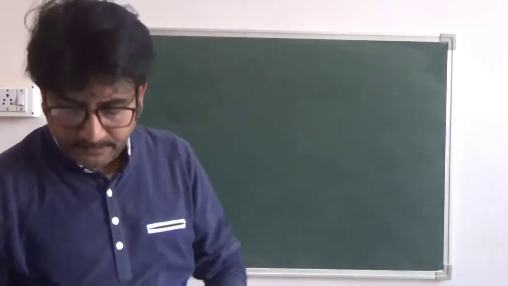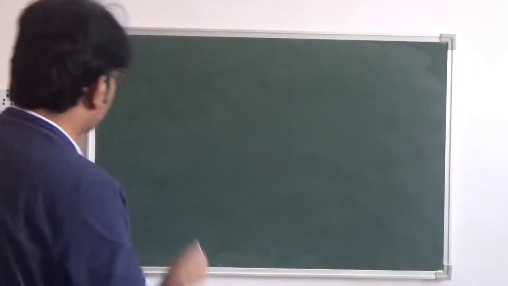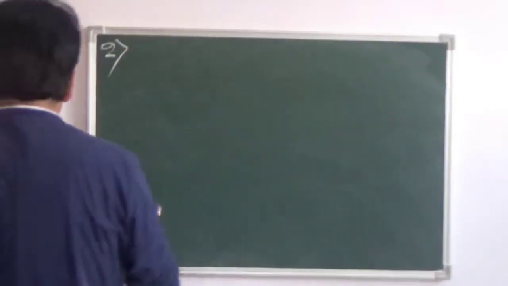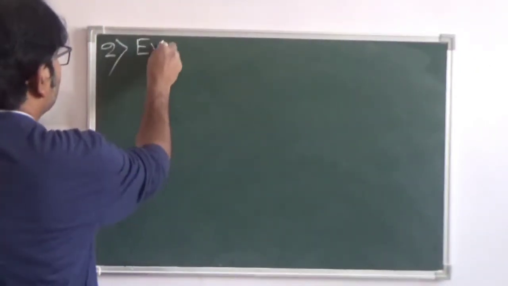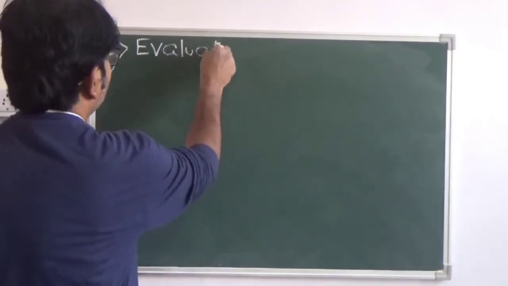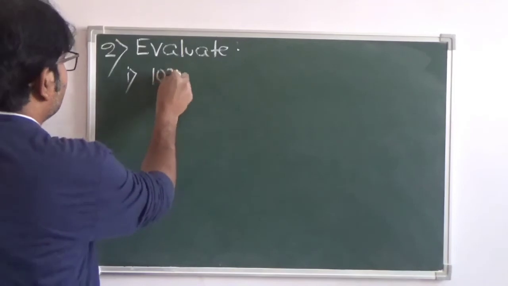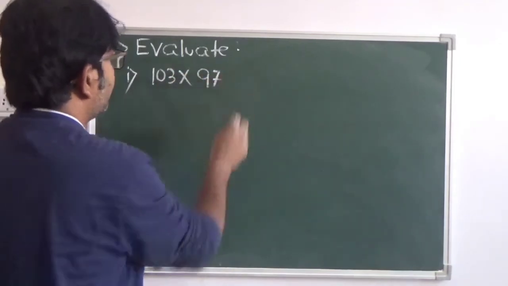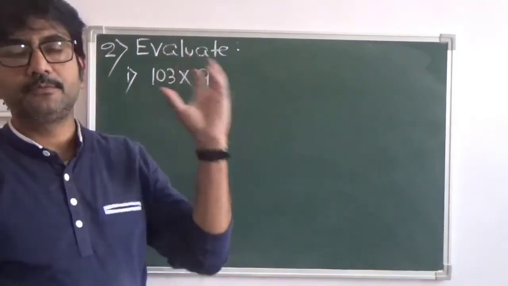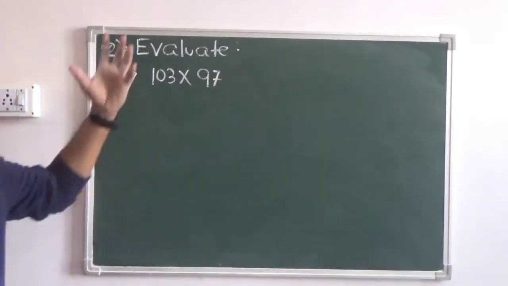Okay, now let us solve the following identities. Let us take question number 2, that is evaluate 103 into 97. Using identities you have to solve this, not by direct multiplication.